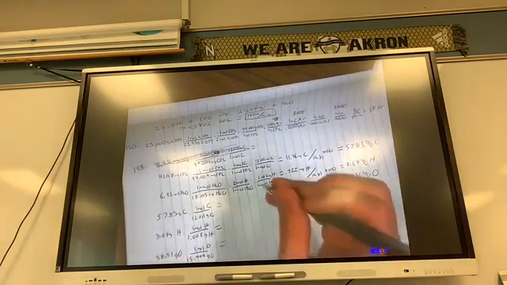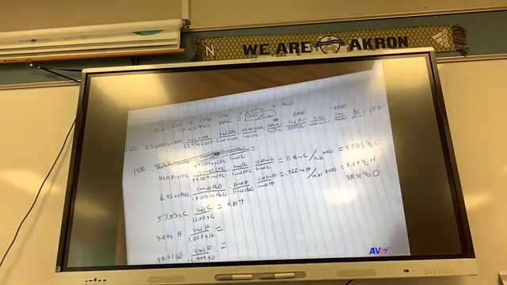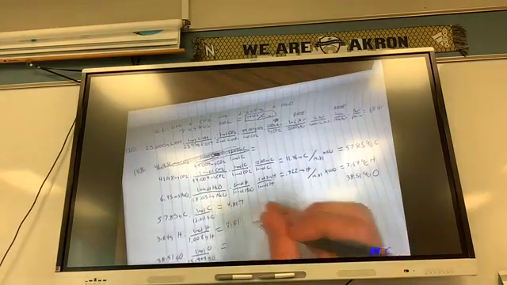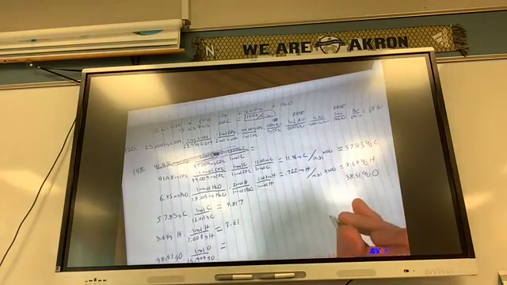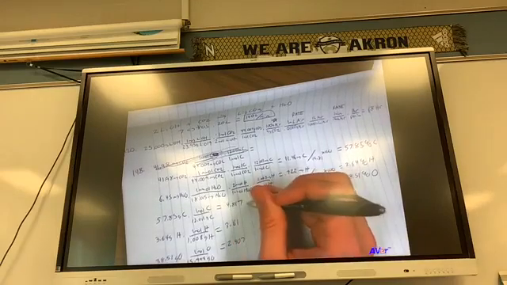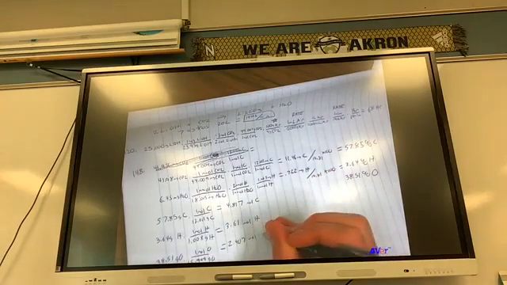Moles of carbon, I got 4.817. Moles of hydrogen, I got 3.61. And moles of oxygen, I got 2.407.